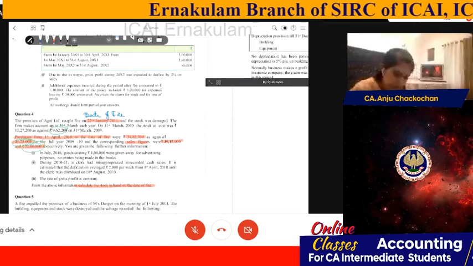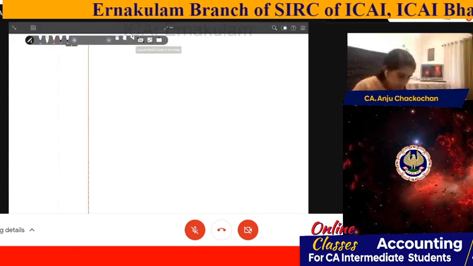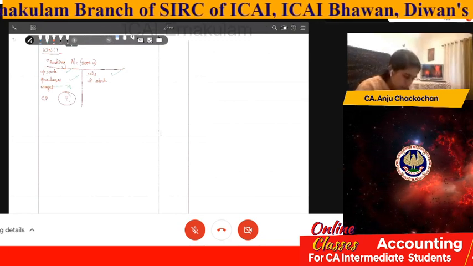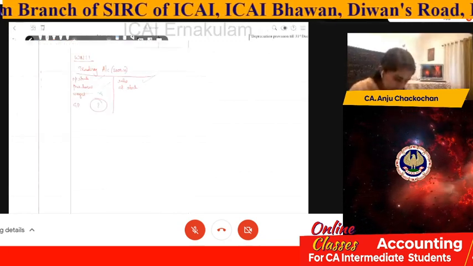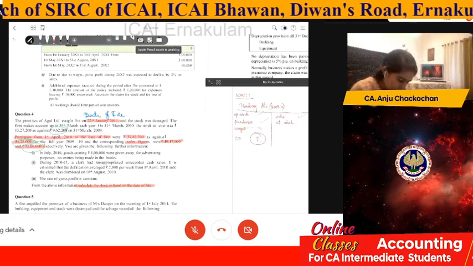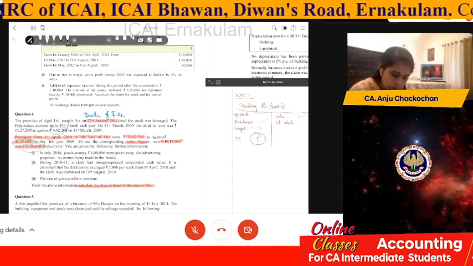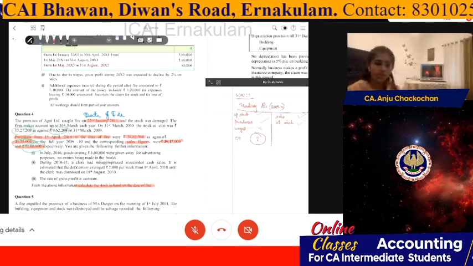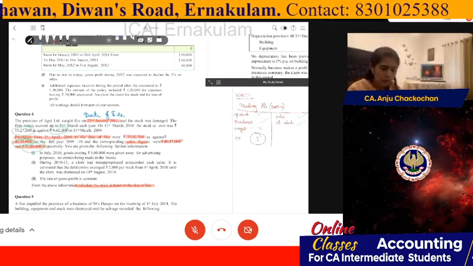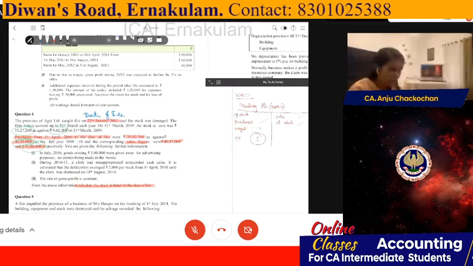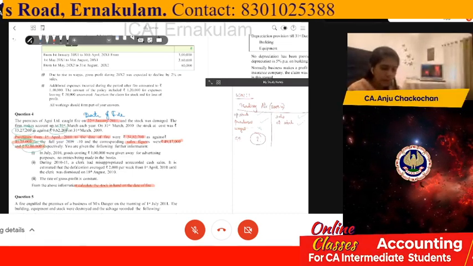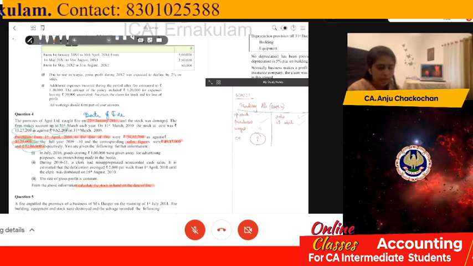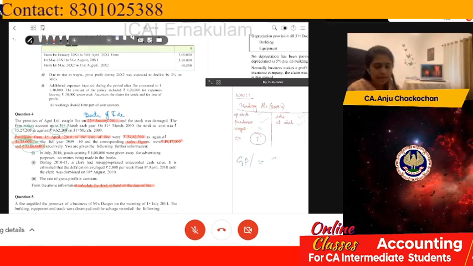We have the sales figure here. And the closing stock is also given as 13,27,200. Okay, so you just have to balance it up. You will get a GP amount, and afterwards you will be computing the GP percentage. So GP percentage will be GP by sales into 100.